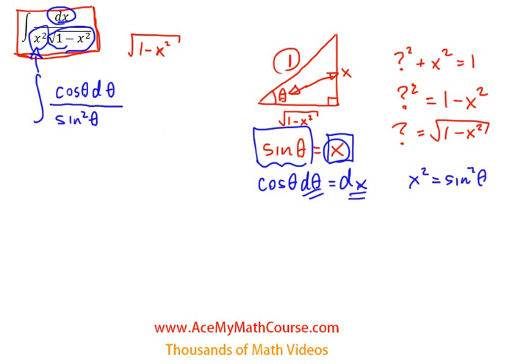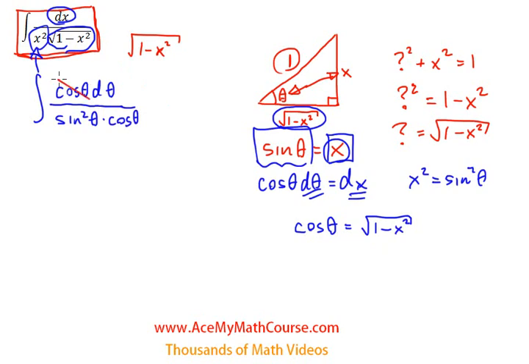What can I do with that? If I take the cosine of theta, you'll see that we're going to get exactly that, the square root of 1 minus x squared over 1, because cosine is adjacent over hypotenuse. So look at that. I can just plug cosine of theta right in there because the square root of 1 minus x squared works out to be the cosine of theta.